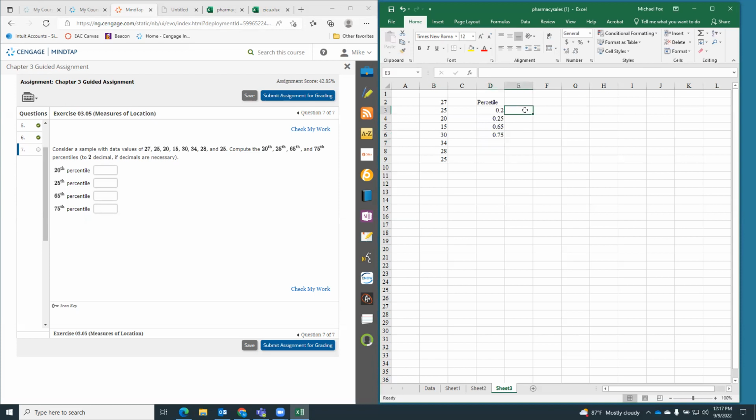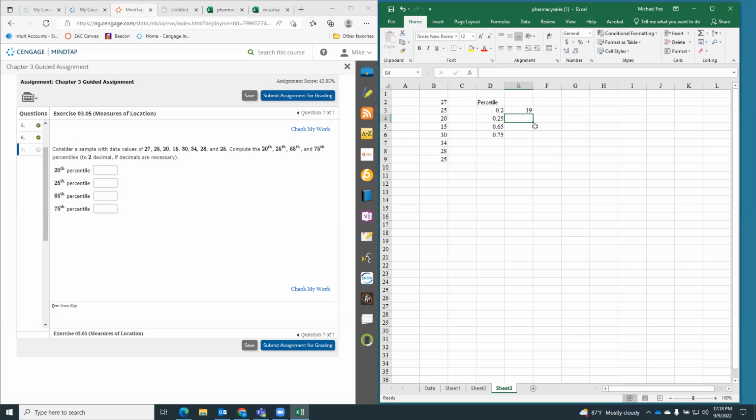And then we can use equals PERCENTILE.EXC. And to do that, we highlight the array using the data that it's looking at, and then the percentile value, that's what K is. And that will return the 20th percentile is 19.